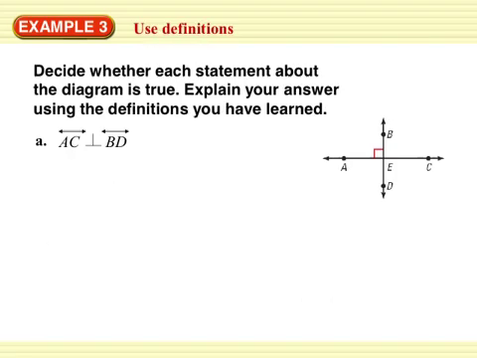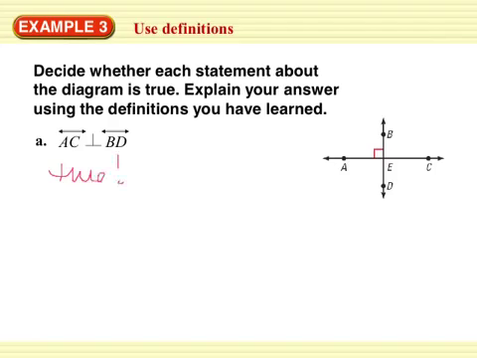All right, let's use these definitions. Decide whether each statement about the diagram is true. Explain your answer using the definitions you've learned. Okay, line AC is perpendicular to line BD. That is a true statement.